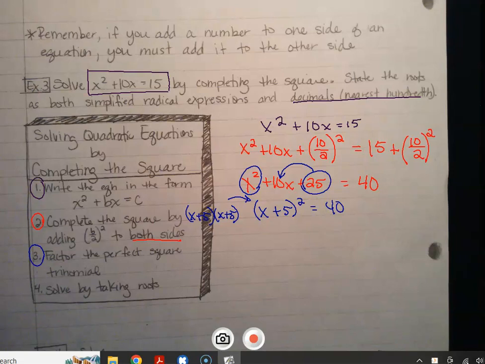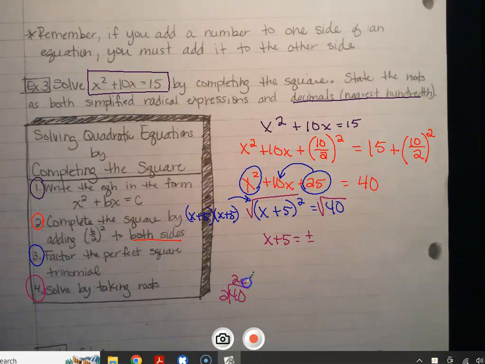And that last step then is solve by taking roots. So we square root the whole thing. So we're going to have x plus 5 equals plus or minus, and now is when we need to simplify the square root of 40. So 40 divided by 2 is 20.